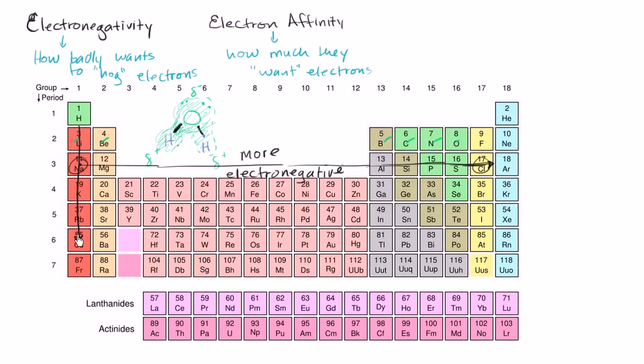And so cesium has one electron in its outermost shell, in the sixth shell, while, say, lithium has one electron. Everything here, all the group 1 elements, have one electron in their outermost shell, but that 55th electron, that one electron in the outermost shell in cesium, is a lot further away than the outermost electron in lithium or in hydrogen.